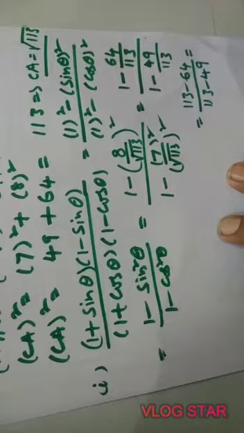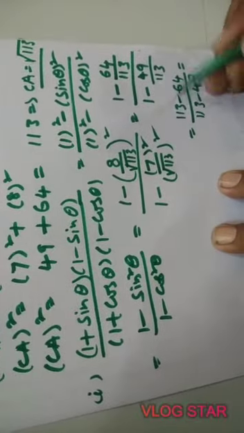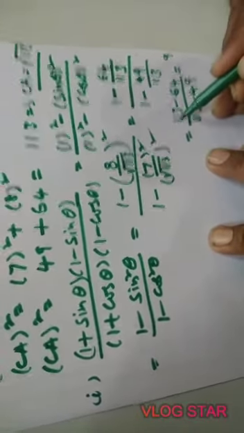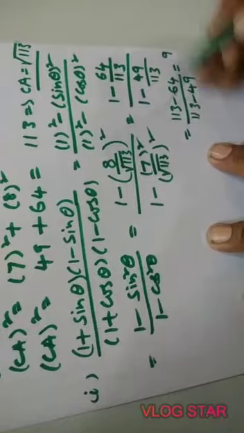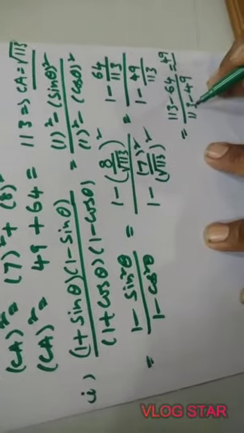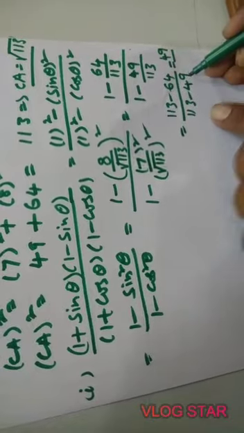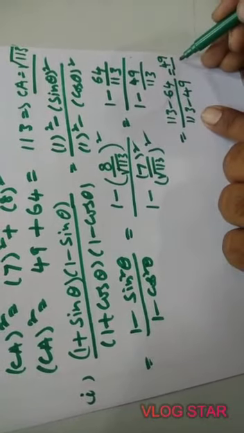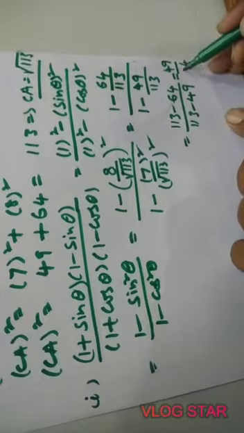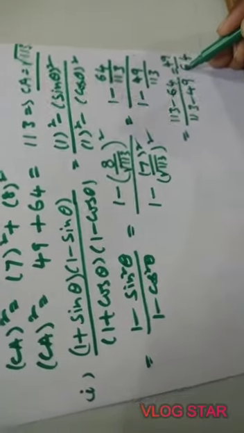So 113 minus 64: 13 minus 4 is 9, 10 minus 6 is 4, so 49. And 113 minus 49: 13 minus 9 is 4, 10 minus 4 is 6, so 64. So the answer is 49 by 64. So (1 plus sin theta) into (1 minus sin theta) by (1 plus cos theta) into (1 minus cos theta) is 49 by 64, that is the answer.